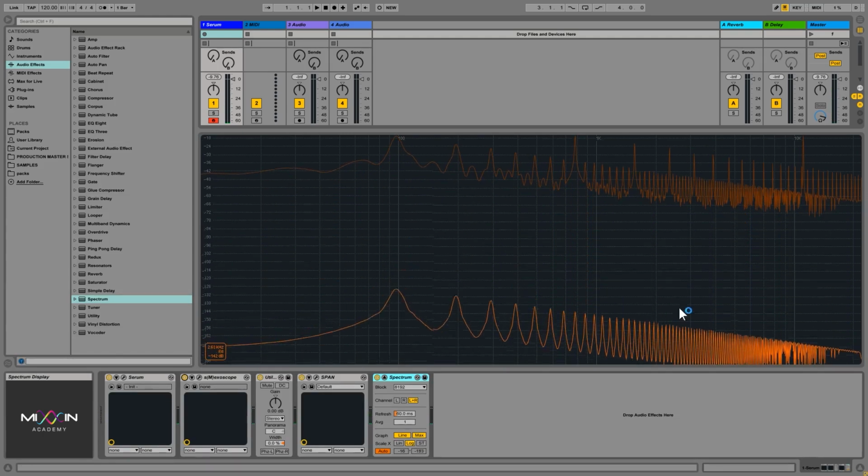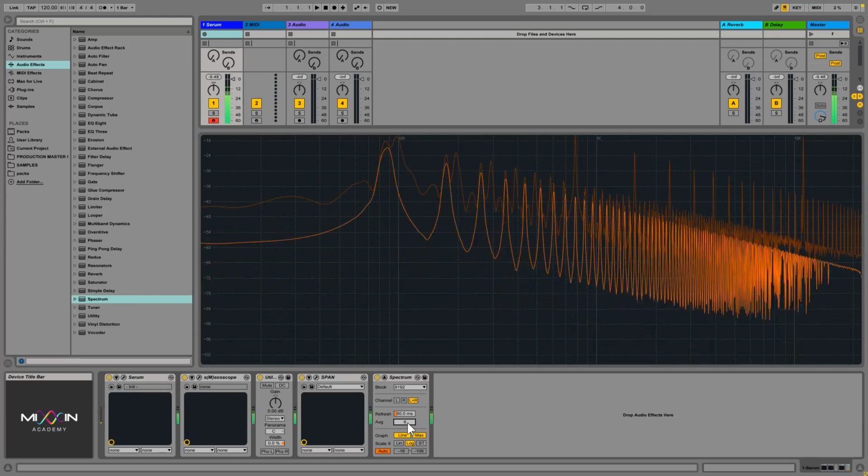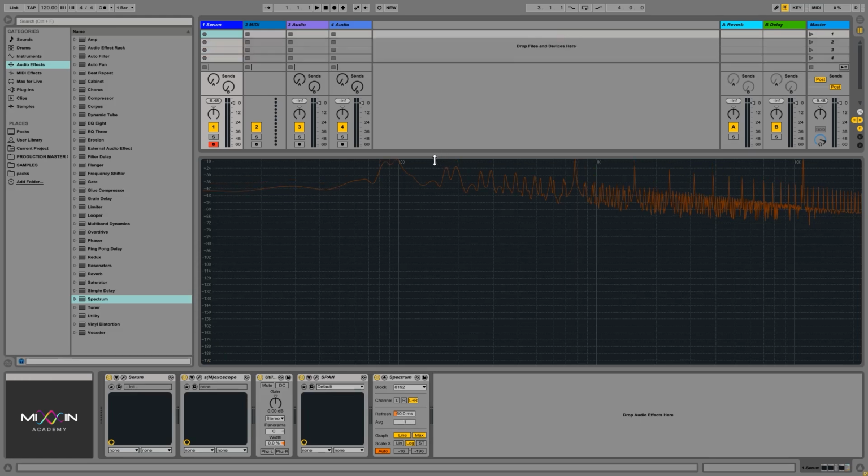So you can see you always have that analyzer coming from Ableton, and it also has a lot of options that you can set. So this analyzer is also versatile. You can use that one in case you don't like the Span from Xfer. I really do, but it's your choice.